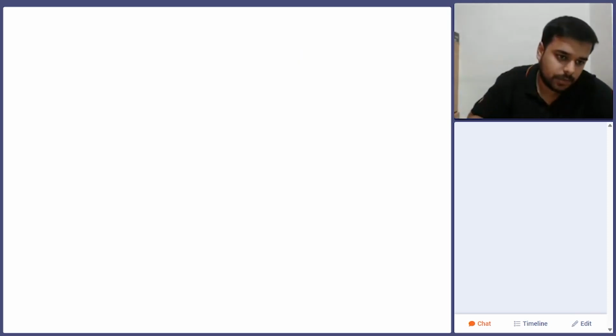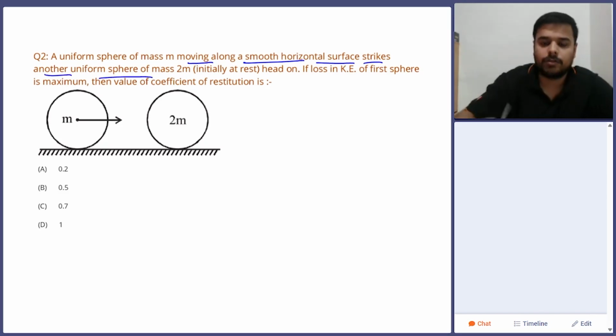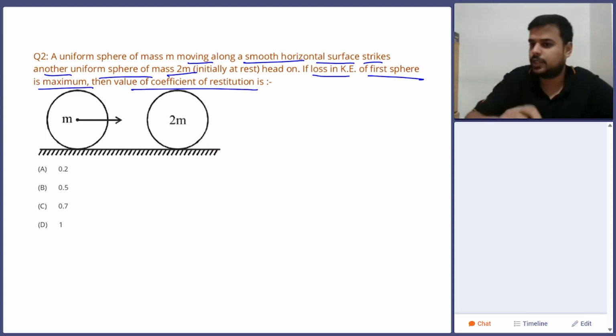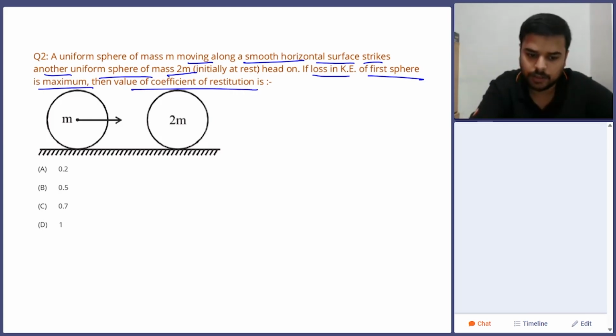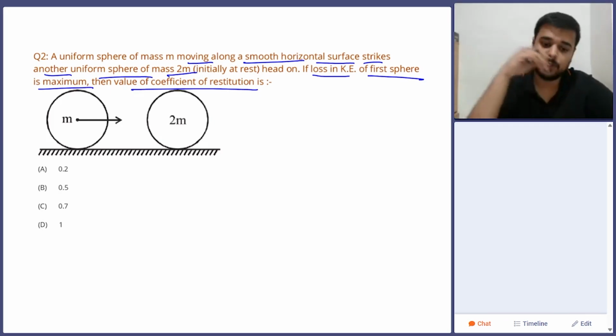Now, next question. A uniform sphere of mass m moving along a smooth horizontal surface strikes another uniform sphere of mass 2m. Okay, basically this mass m and mass 2m are colliding with each other. If loss in kinetic energy of first sphere is maximum, then value of e, coefficient of restitution, they are asking. So if kinetic energy loss is taking place, that means that collision is not elastic, it is an inelastic collision.